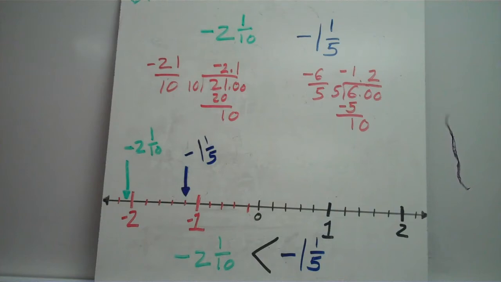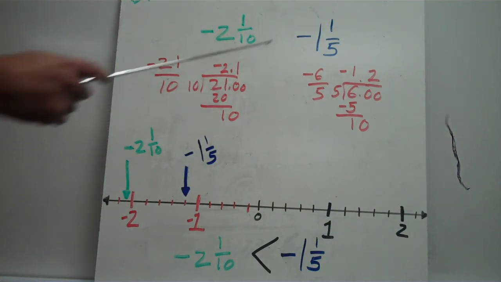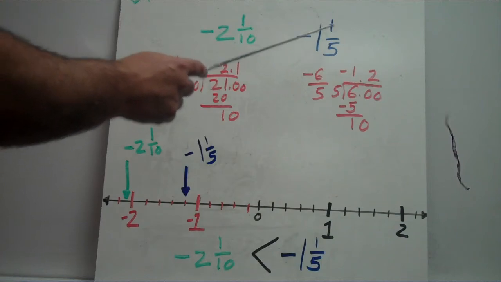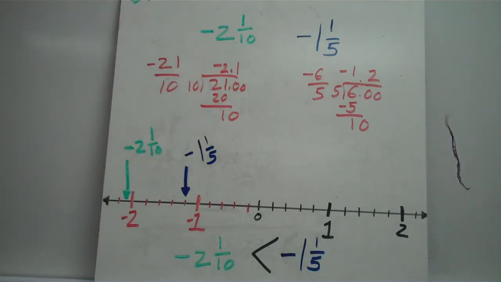When we have fractions, in this case we have negative 2 1/10, and we're comparing that to negative 1 1/5. What I like to do is make them decimals. In this case, I've made them improper fractions.